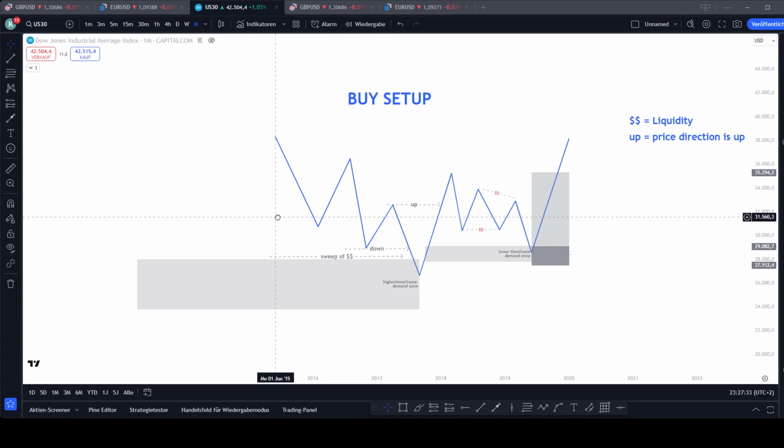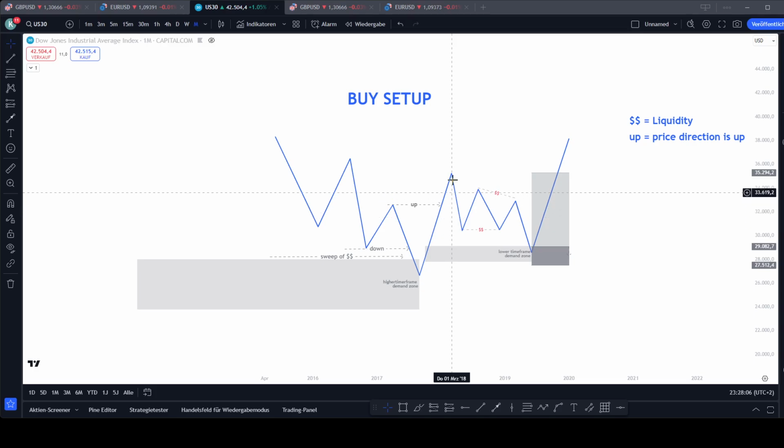I will repeat again. First of all, if price is dropping, I'll wait and try to identify a point where price starts creating lower low, lower high, structure to the downside, and I'll expect price to react from a demand zone formed on a higher time frame, and due to that reaction, price should be able to break structure to the upside, giving us the possibility of price moving much higher.